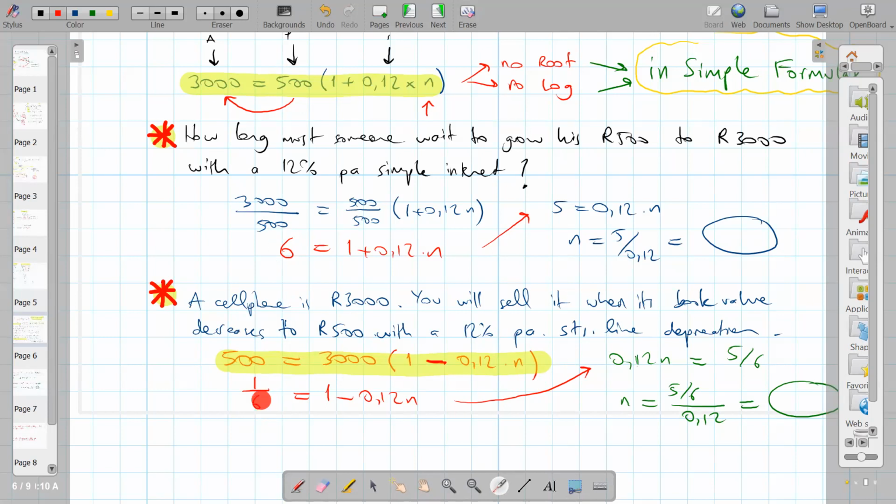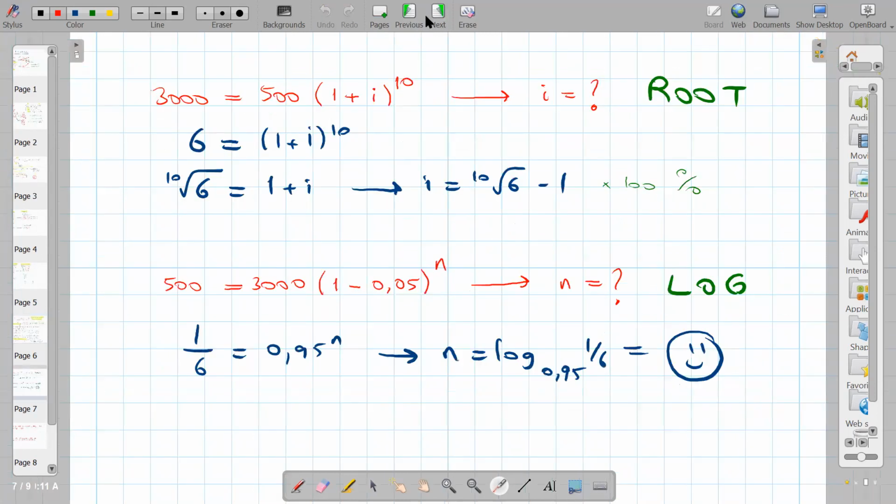This time it is 1 over 6. And then this is 1 minus 0.12 times N, and whatever. You just leave the rest alone. Straight line, a linear equation. How do you solve this linear equation? You can take 1 over 6 to that side, that 1 to this side, and then divide by that. Use the calculator as well, but be careful solving such linear equations.